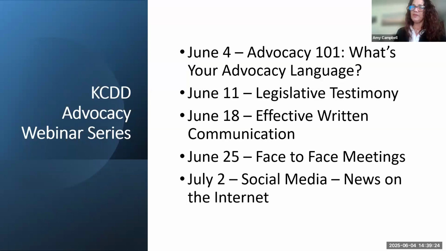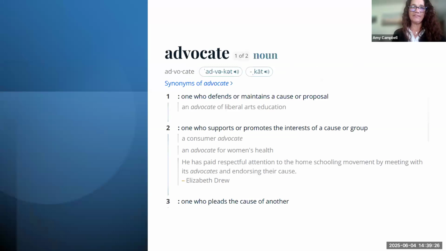So let's talk about just advocacy. What is an advocate? An advocate is someone who defends or maintains a cause or proposal, who supports or promotes the interests of a cause or group, and one who pleads the cause of another.